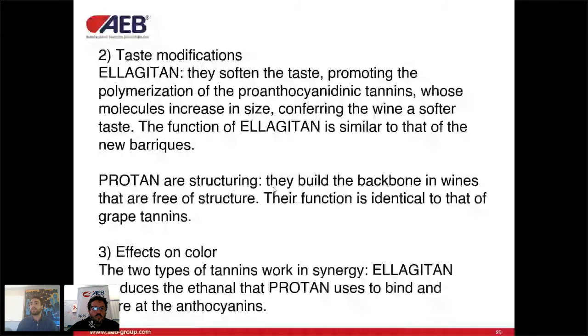In fact, the Ellagic tannins are softer on the taste, and they promote the polymerization of the Proanthocyanidic tannins that increase in size and precipitate, and so create a wine with a softer taste.